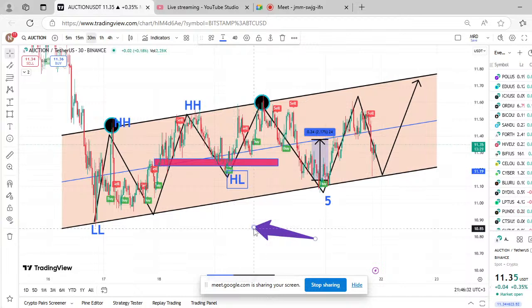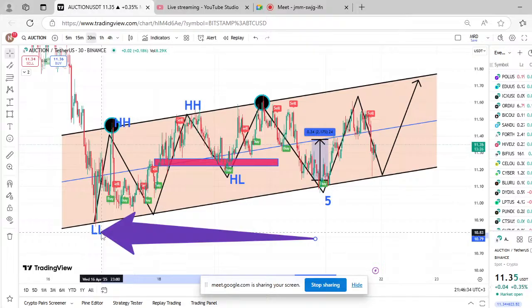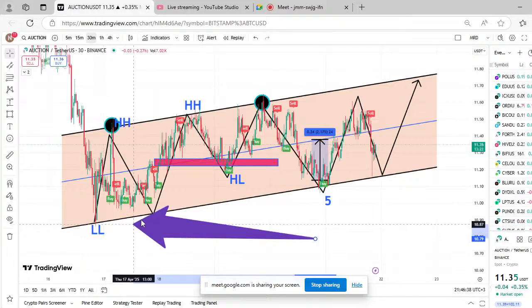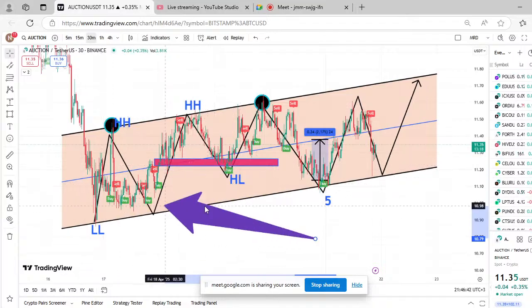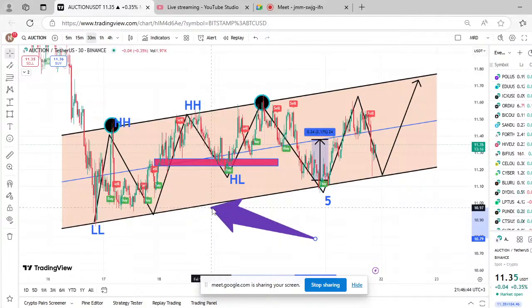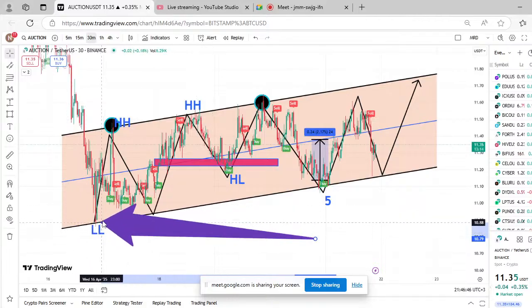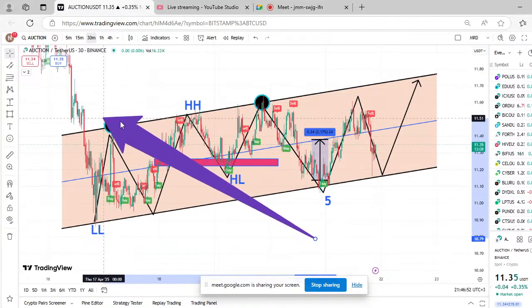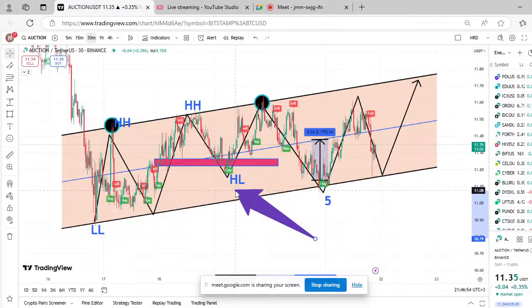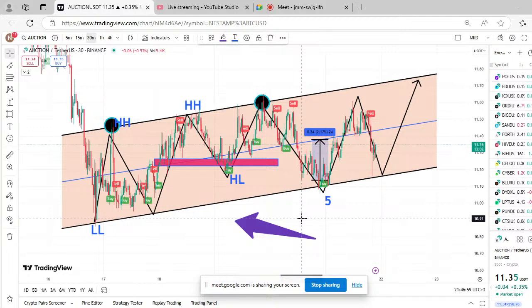Lower low is here. In uptrend, we only have one lower low. The rest are higher highs and higher lows, unless we break the structure. Are we together? In uptrend, we should be having only one lower low, and the rest will be higher high and higher low. Hope we are clear.